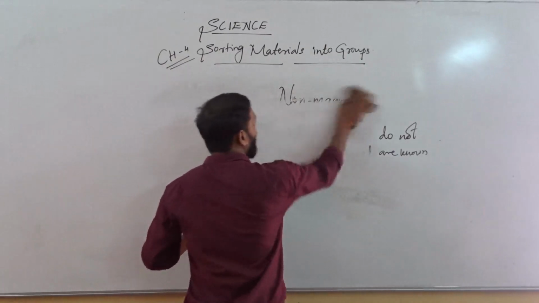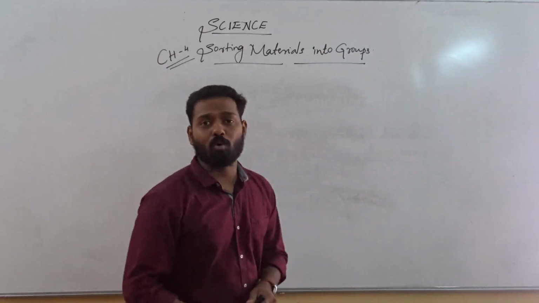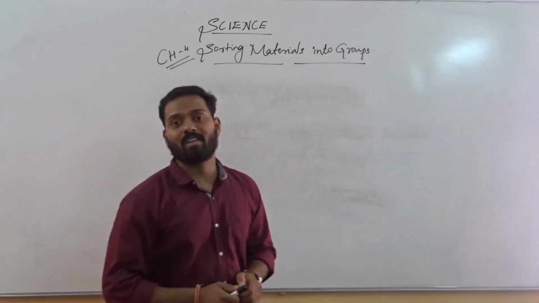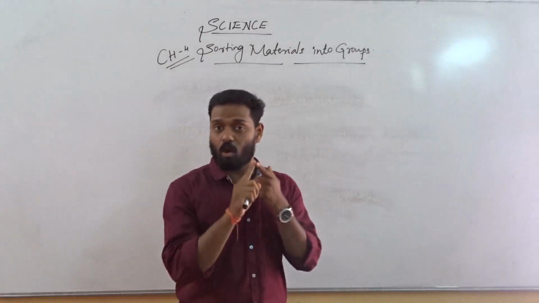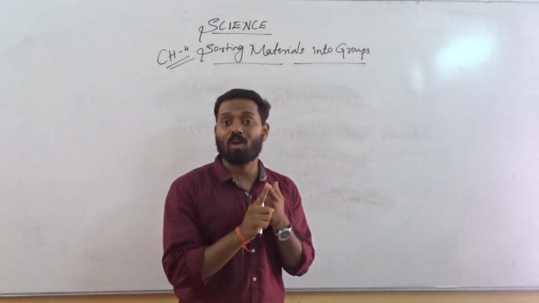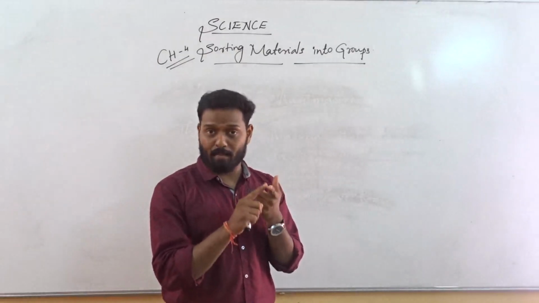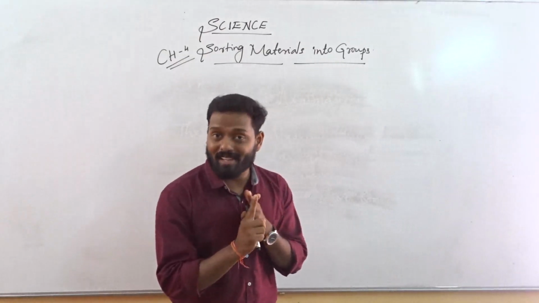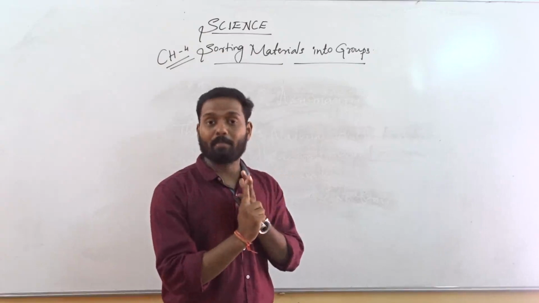Now I will do a very quick recap of what we have learned in this chapter, sorting materials into groups. We have learned what an object is, what we mean by object, and examples of objects. Then we learned about materials, what we mean by materials, and examples of materials.